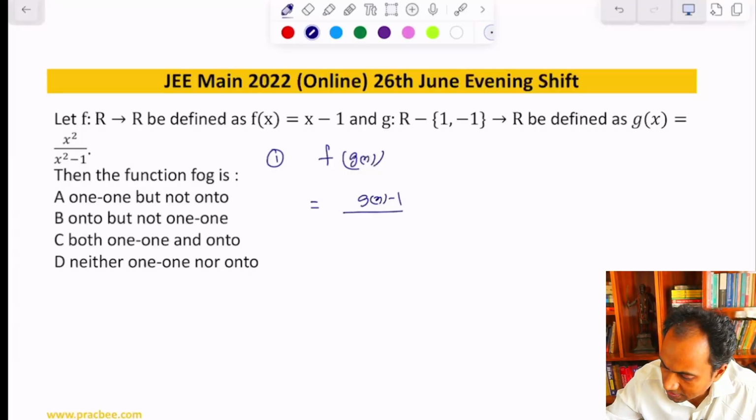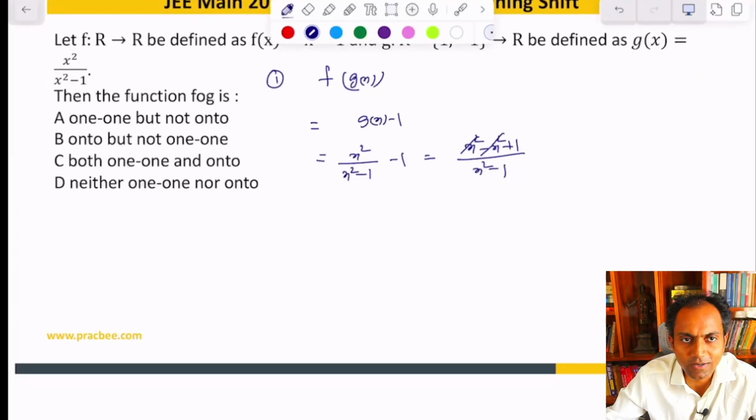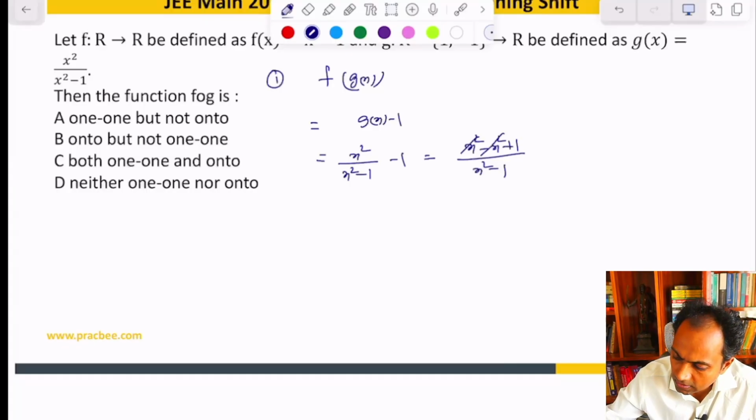The gx that is given to me is x square by x square minus 1. So it becomes x square by x square minus 1, minus 1. If I simplify this, this comes out to be x square minus x square plus 1 by x square minus 1, so x square cancels out. Now if I want to check whether this is one-one or onto, a simpler technique would be to use graphs.